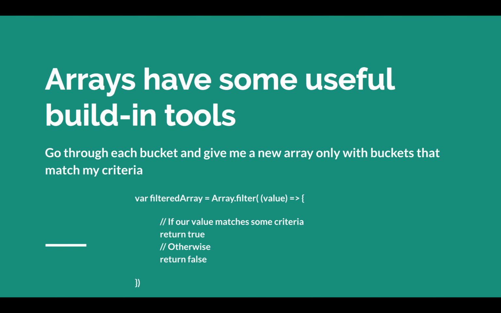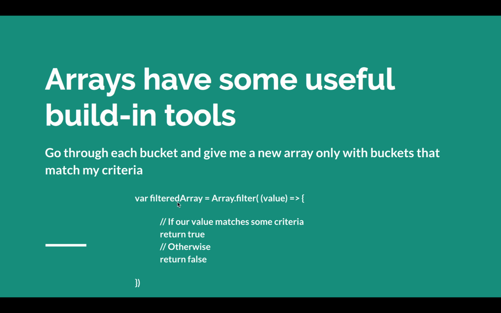We also have another very useful one that I use quite regularly called filter. What filter does is it says, go through each bucket and return me a new array only with the buckets that match my criteria. And what we can see here is I left in one var. I was trying to clear out the vars and write const. Don't use var, use const, don't be like me.